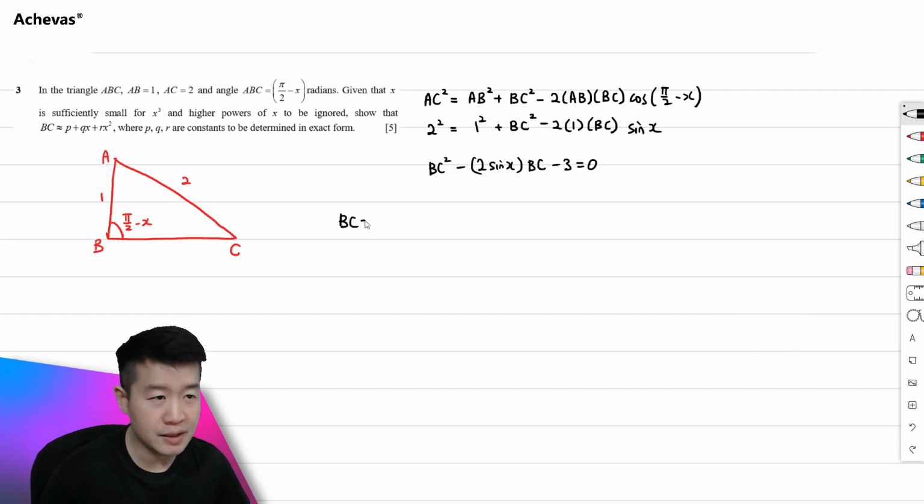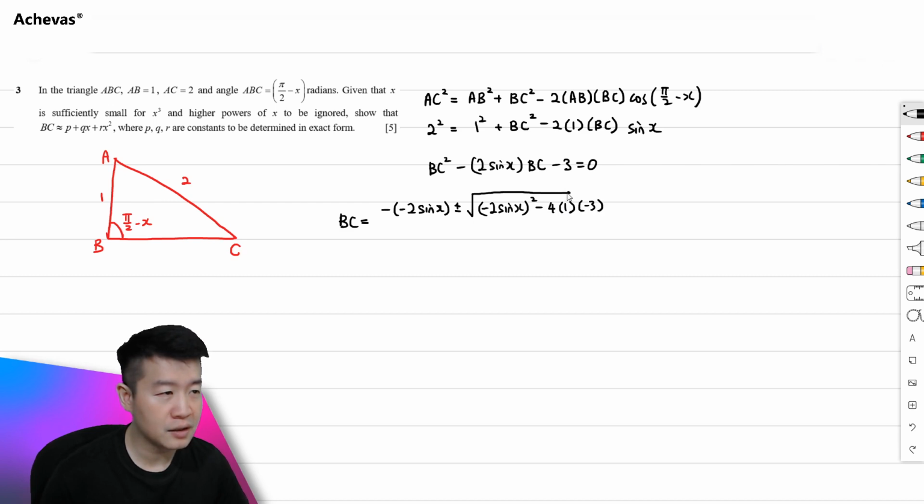So BC, using the quadratic formula, will be minus b, so minus 2 sine x, plus or minus the square root of b squared, which is minus 2 sine x squared, minus 4ac, divided by 2a.